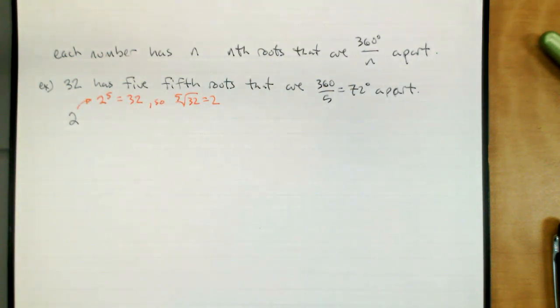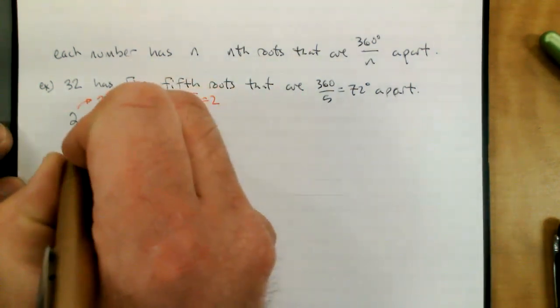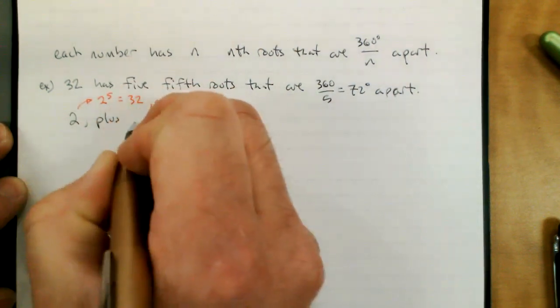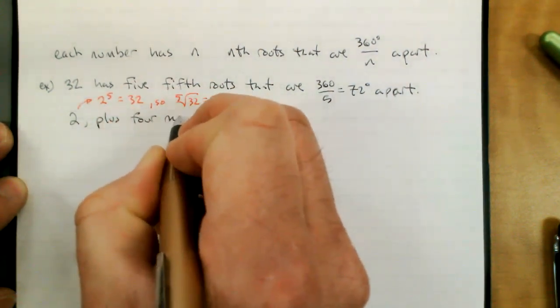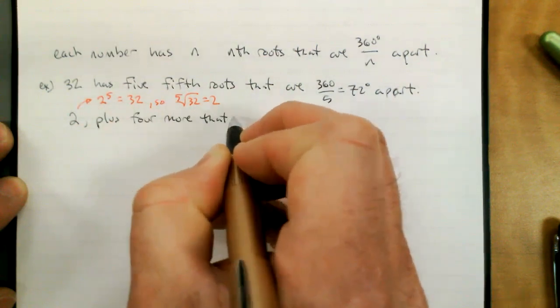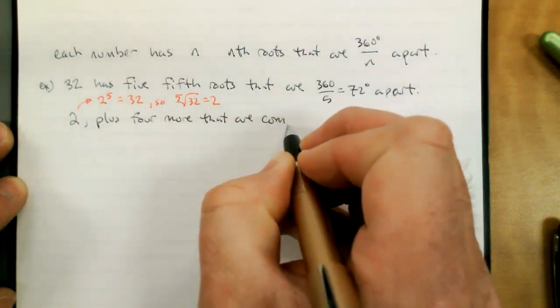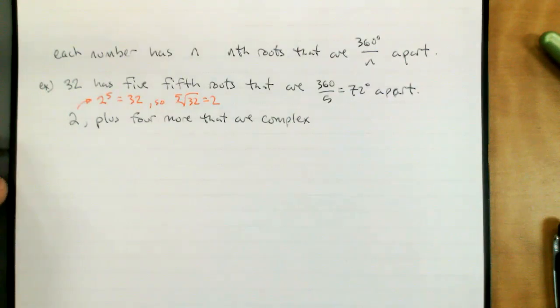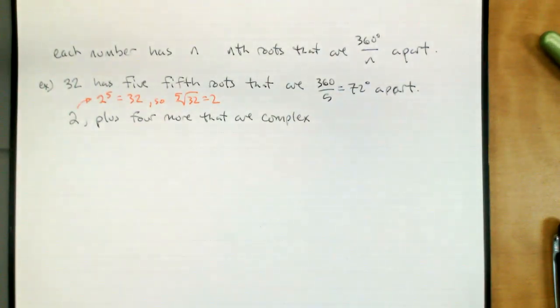There are 4 more that are complex. We can solve this problem algebraically, or we can solve it with trigonometry like we're going to do today.